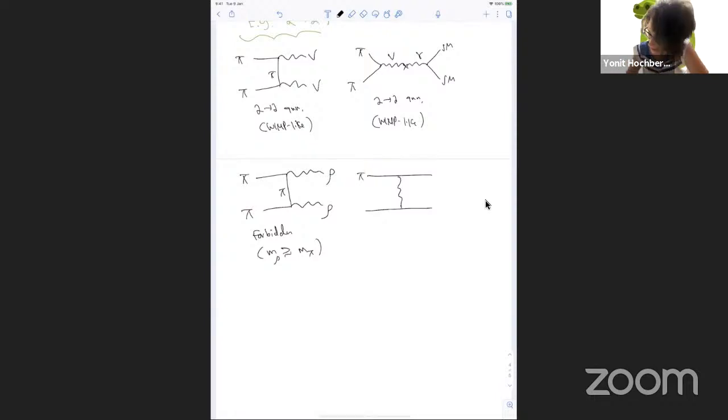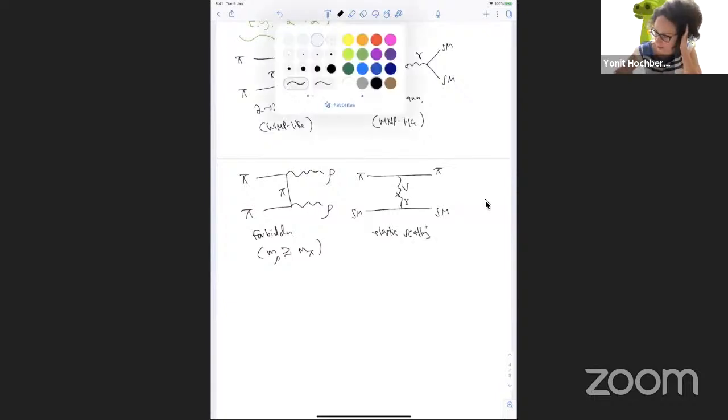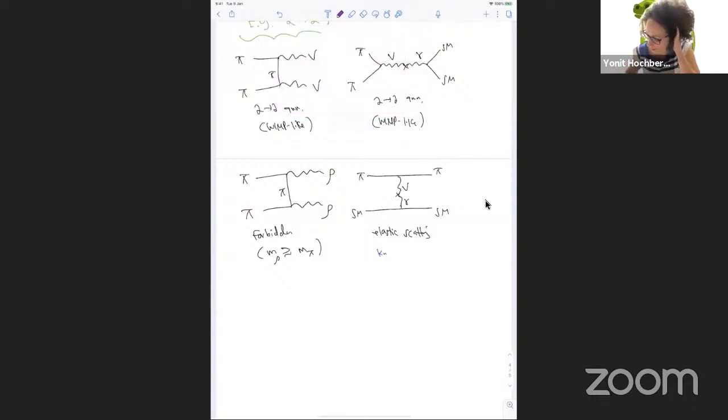So I can have pions scattering off of standard model particles, again, through this vector that's mixing into the photon. This is an elastic scattering process, which we saw is needed either for kinetic equilibrium, or for the elastically decoupling relics.